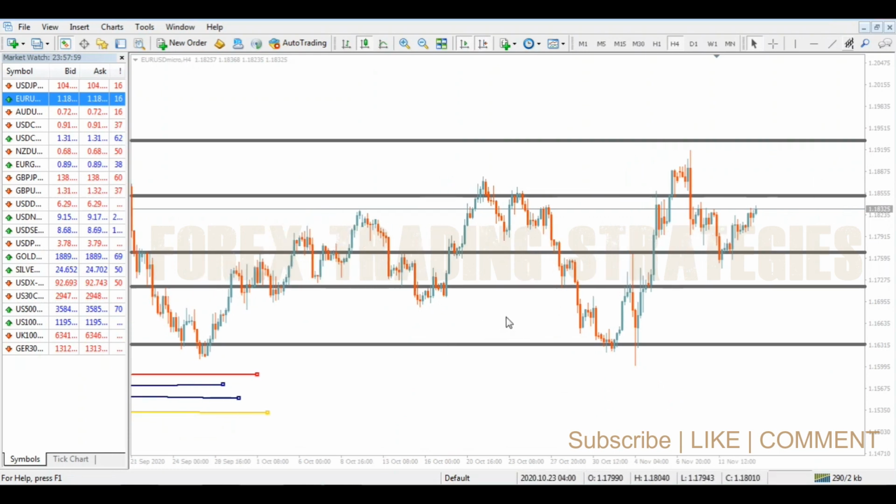Okay, so last time with the previous pair we did a demonstration of a buy. So this time let's do a demonstration of a sell. I'm not going to do this one because this was the US elections.